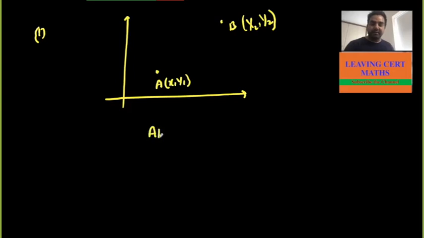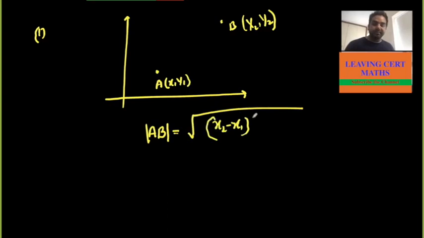It is always denoted as two vertical lines around AB. That means the distance AB is always equal to the square root of (x2 minus x1) whole square plus (y2 minus y1) whole square, right? Is it clear to you?